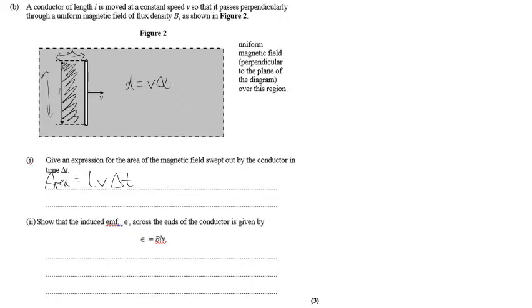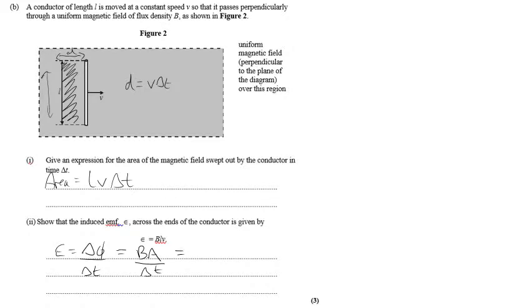The induced EMF is the rate of change of flux linkage, so EMF is equal to delta phi by delta t. That's equal to, the change in linkage is BA, and that is obviously divided by delta t.